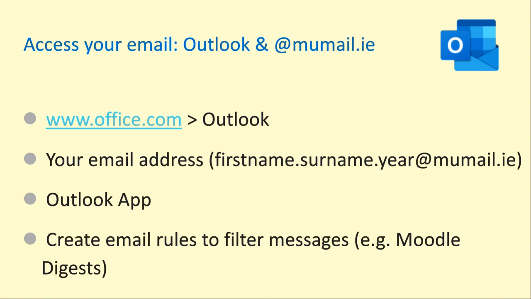With your emails too, you can actually create email rules to filter out messages. For example, these Moodle digests you'll be getting shortly, and again, this will make sense as you're using your emails and Moodle, which I'll go through in a second as well. With rules to filter messages, I have a filter in my own emails so that any student emails coming in bypass the inbox and go directly into a student folder.